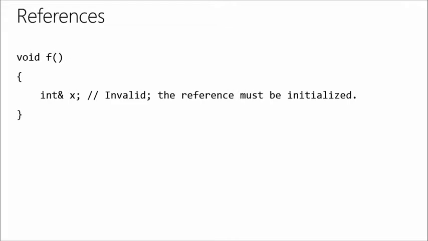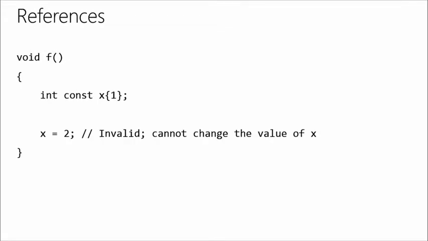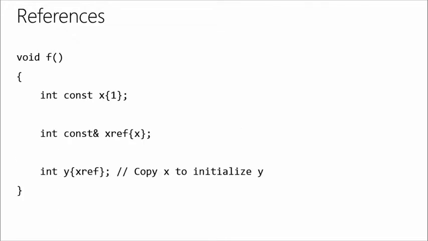The second important feature is how references interact with the const qualifier that we introduced. As we saw in the last module, an object can be const qualified, which means that it can't be modified. If we have a const int, we can't change the value of that integer. A reference can also be const qualified. So if we have a const int, then we can have a const reference to it, which means that anytime we use that reference, we can read its value, but we can't change it.